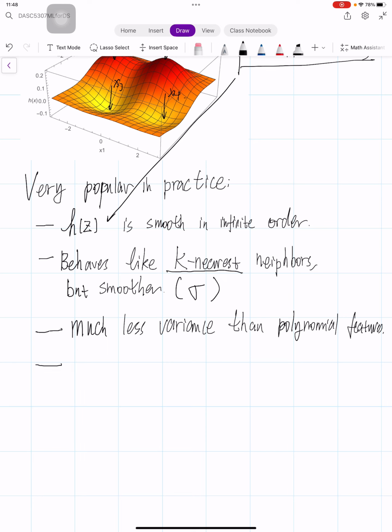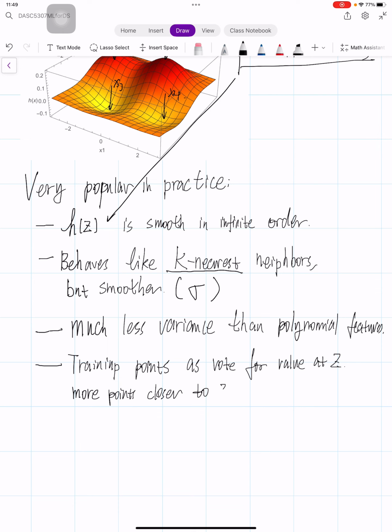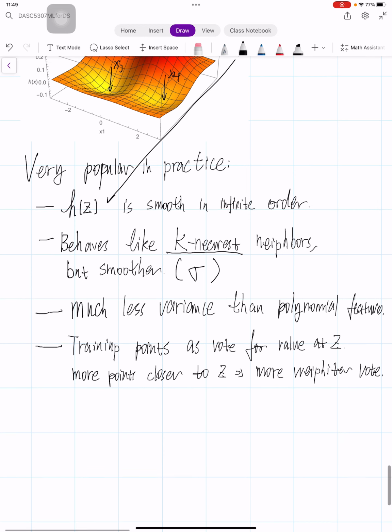You can think of each training point as a vote for the value at point z. Training points closer to z get more votes, a more weighted vote.